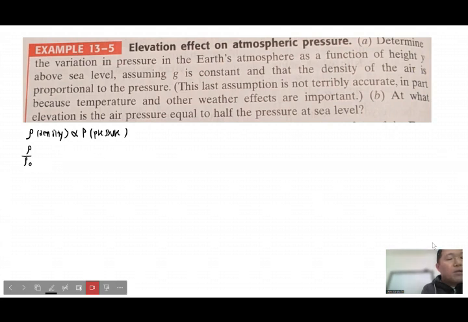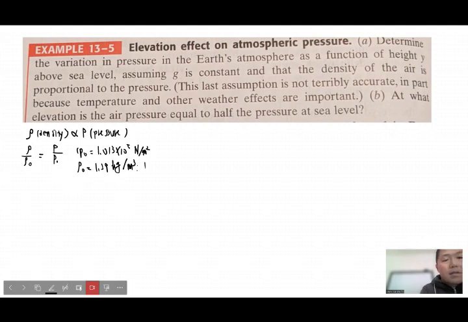Here P naught is atmospheric pressure, which is 1.013 times 10 to the 5 newtons per square meter, and the density at sea level is 1.29 kilograms per cubic meter.